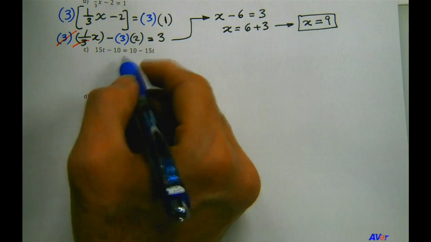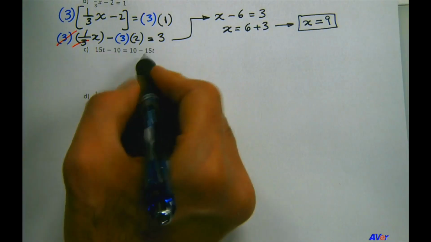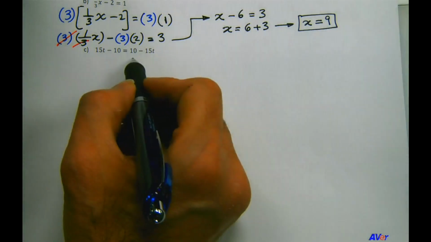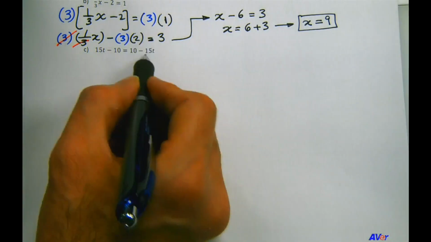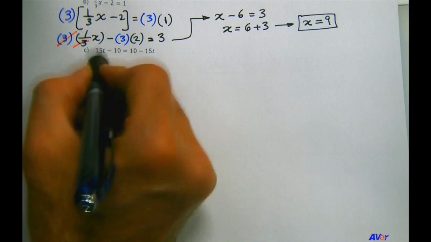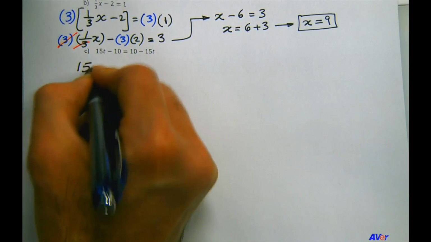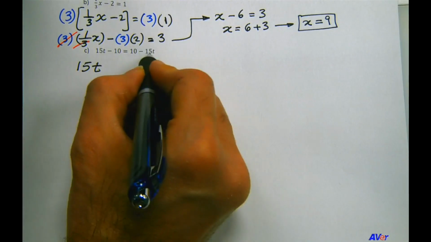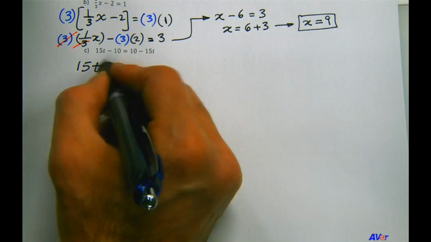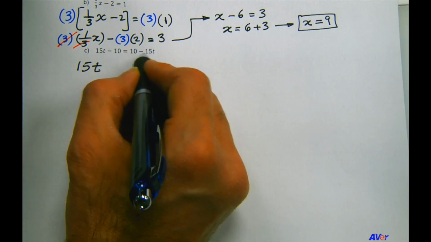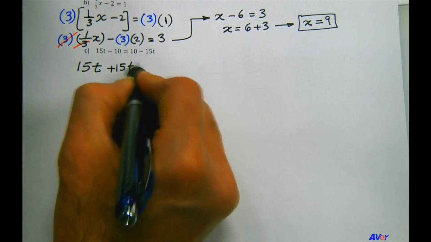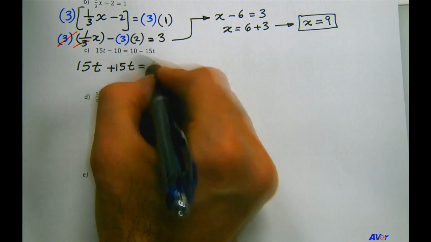Okay, so in this case, we have a simple linear equation. We're solving for t, it's the only variable. To do that, let's isolate all the terms that have t in them. So we have a 15t here. Then we have a minus 15t here on the other side. Bring that minus 15t to the left, and that will cause this coefficient to become positive 15t equals, then we have a 10 on the other side.